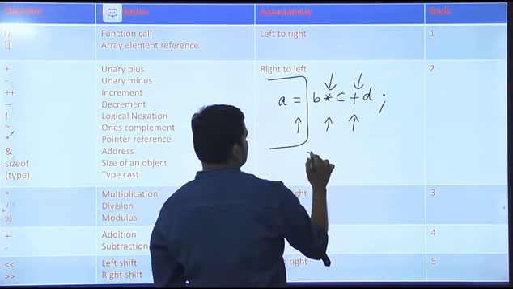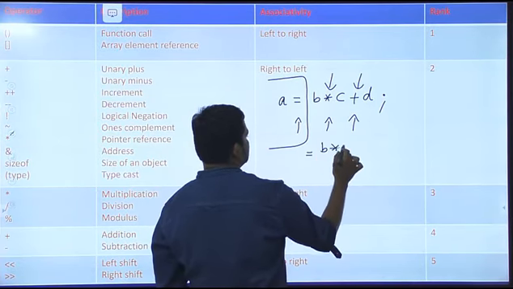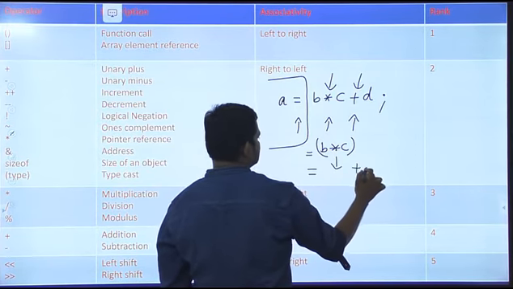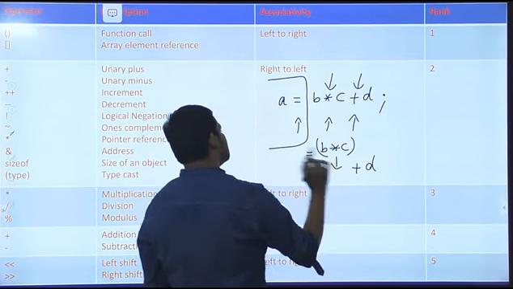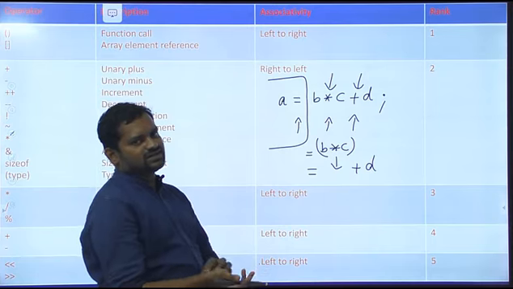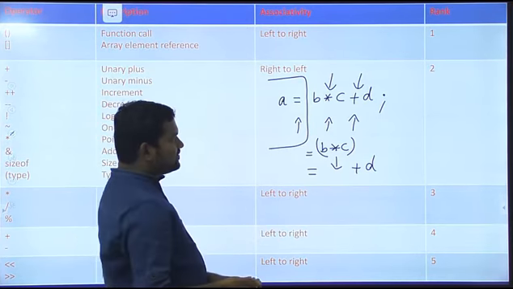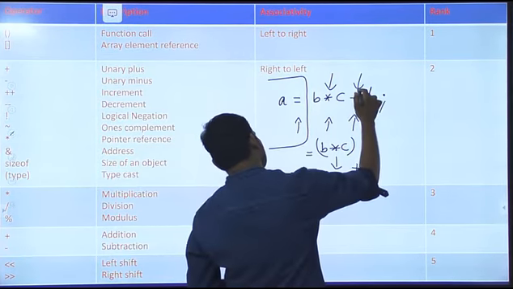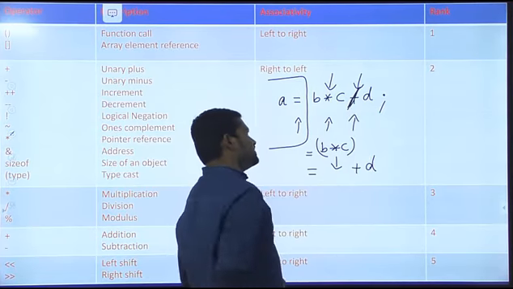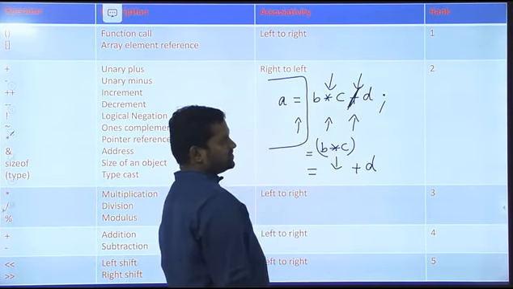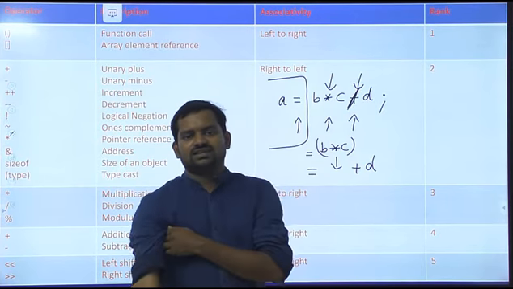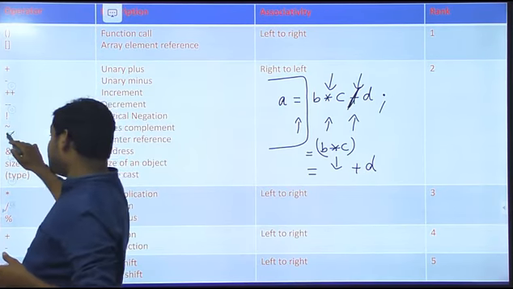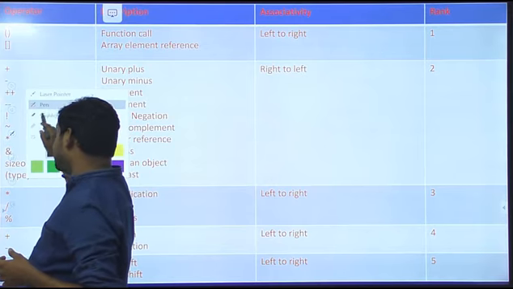How does it evaluate? It first evaluates B into C, and then adds the result with D. The highest precedence among plus and into is multiplication. If operators of the same precedence are available, for example division, then we follow left to right associativity. Associativity and precedence are followed to evaluate an expression.